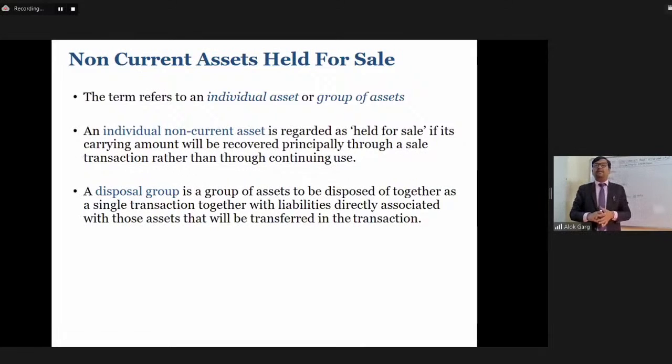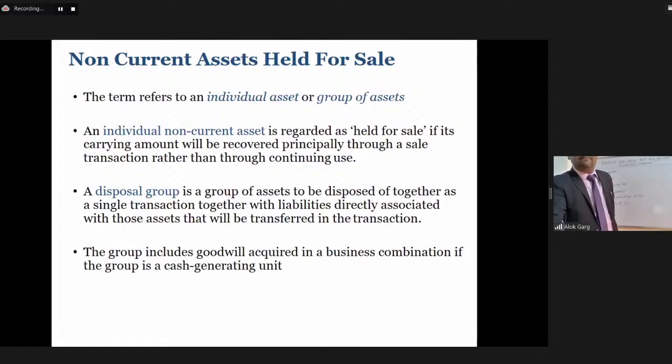Together with liabilities directly associated with those assets that will be transferred in the transaction. The group includes goodwill acquired in a business combination if the group is a cash generating unit. It says that the disposal group may be a cash generating unit. Friends, have we discussed the concept of cash generating unit?